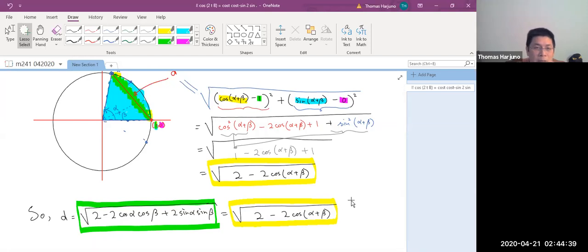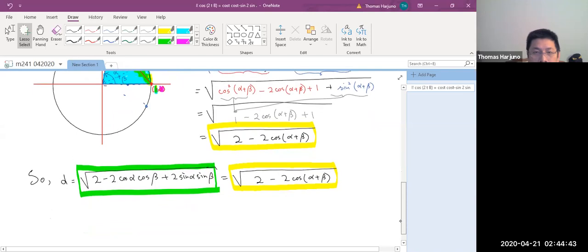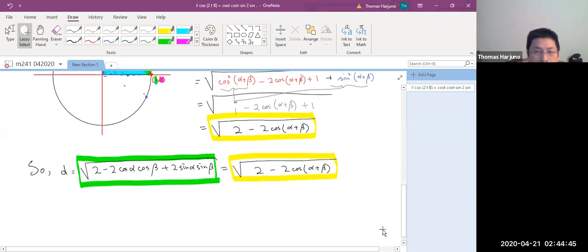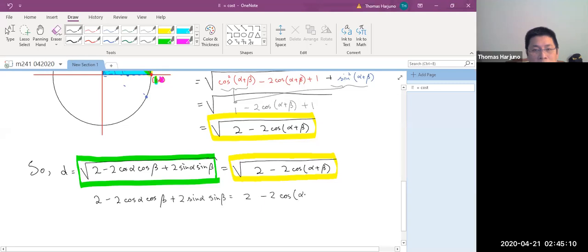They're the same. That's the same chord. Now then, using this, when I square both sides, I will get 2 minus 2 cosine alpha cosine beta plus 2 sine alpha sine beta equals 2 minus 2 cosine alpha plus beta.